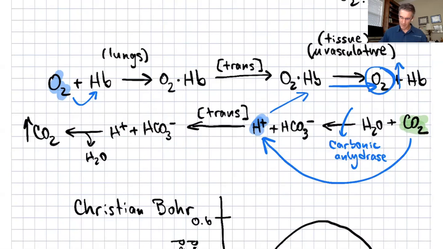At the same time, this is taking up protons, which helps pull the carbonic anhydrase reaction in that direction. So there's a nice little cycle of coupled antagonistic delivery. You take up the protons, give off the oxygen, right? Increase the ability to remove CO2, right? And deposit the oxygen optimally where you need it.